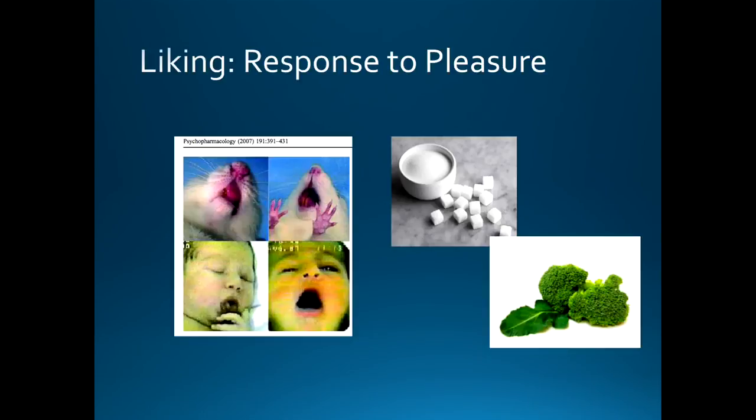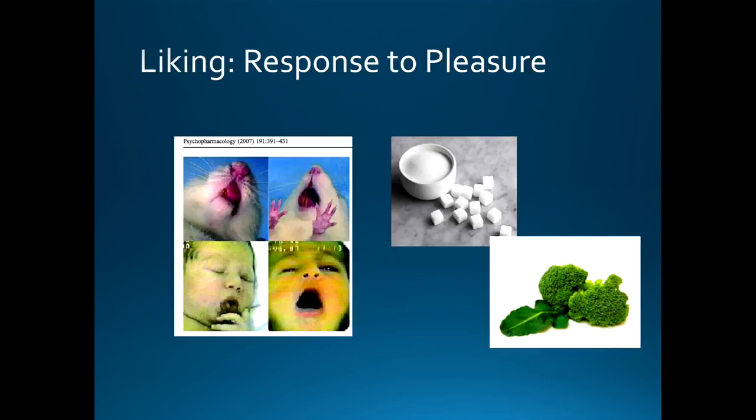So when you say liking, what this really means is generally response, basically hedonic response to some kind of pleasurable stimuli. One way this is measured commonly across species is with this sweet taste test. And what you see is that the observable responses in both, I think those are mice and humans, is very much the same for liking versus disliking.